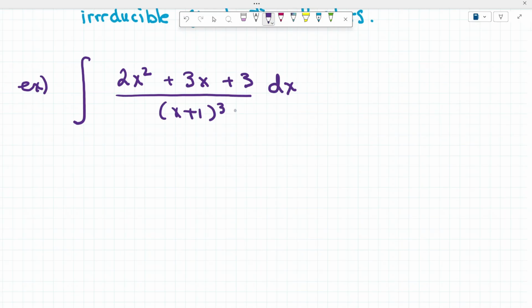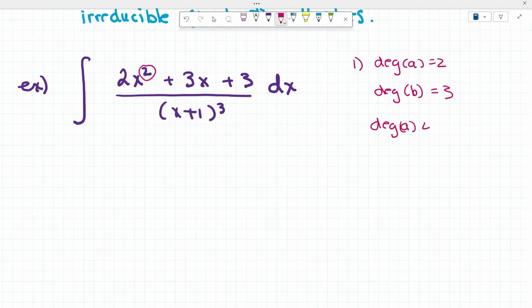Okay, so let's make sure that it meets all the criteria. Does it meet criteria number 1? Well, we can see that the degree of a equals 2, and the degree of b, our denominator, equals 3. Therefore, degree of a is less than degree of b, so it is proper.